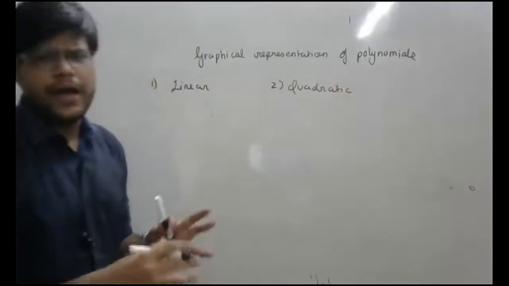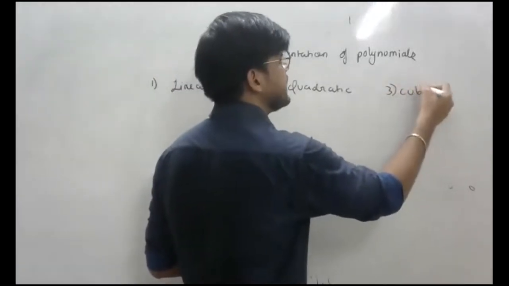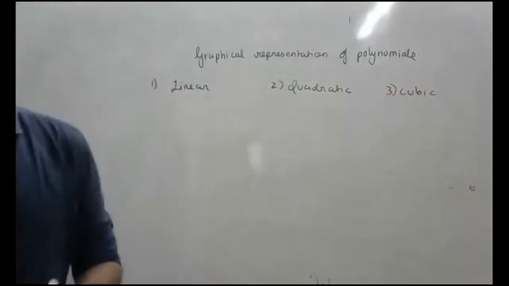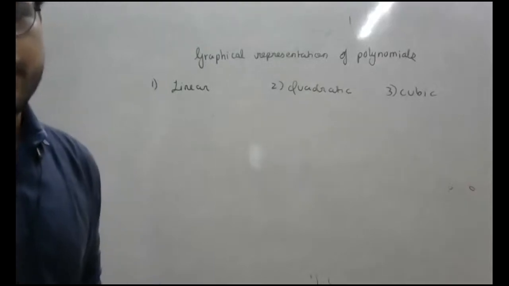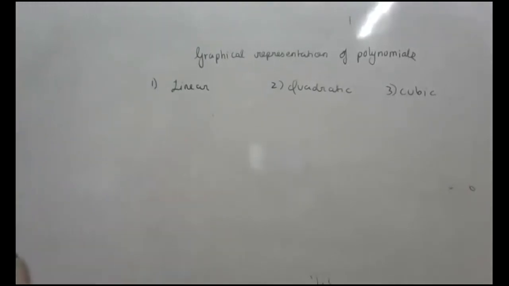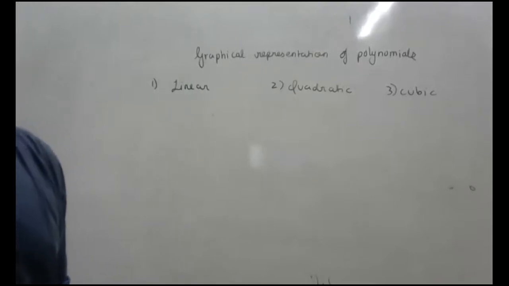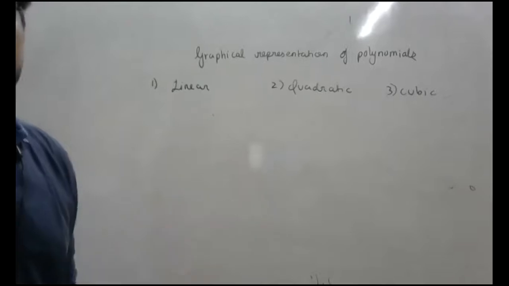These two will be covered in detail, and we'll understand something about cubic. Cubic will not be covered in very much detail. Linear, quadratic and cubic. Okay, graphical representation of polynomials can be done; there are three types of polynomials.